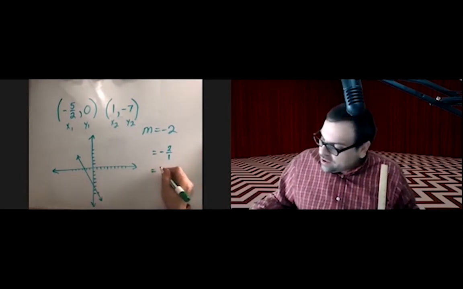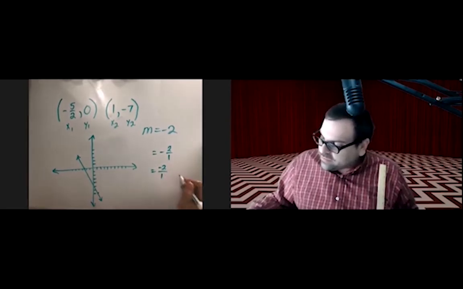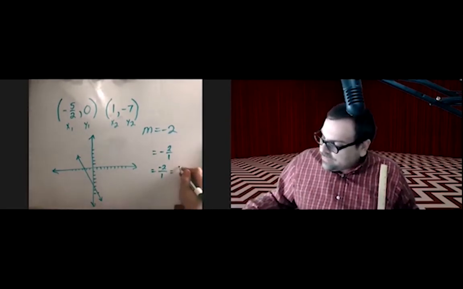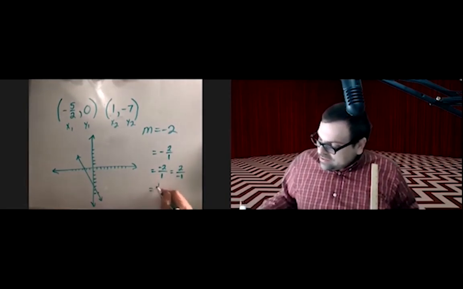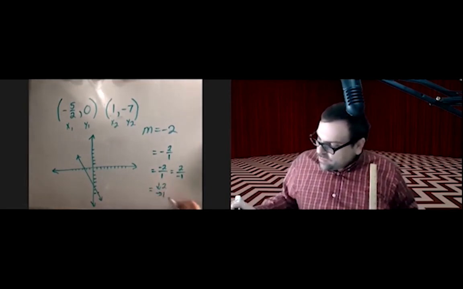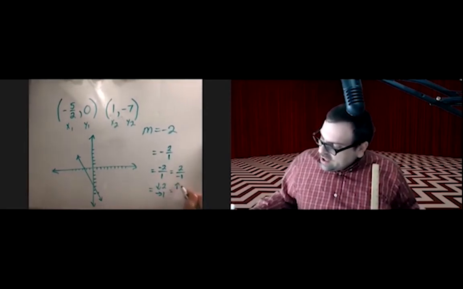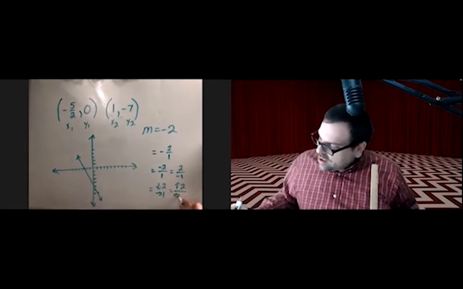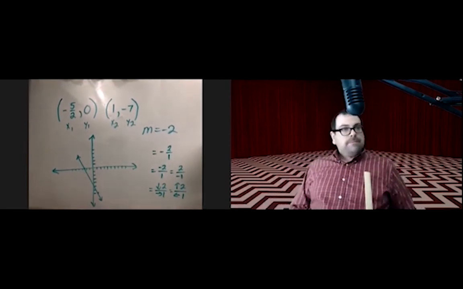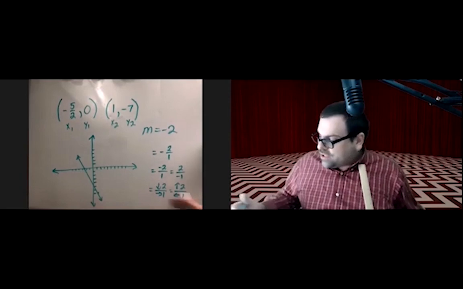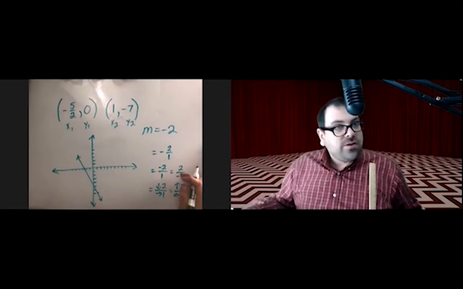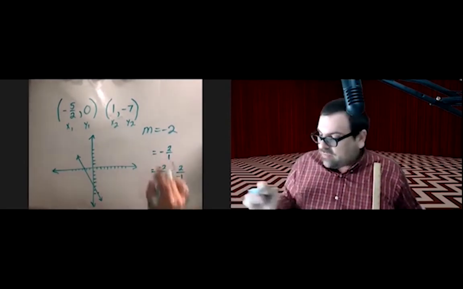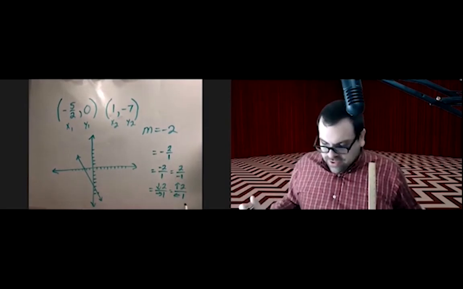So that negative can either go with the top, -2 over +1, or it can go with the bottom, positive 2 over negative 1. So this is either down to right 1, or it is up to left 1. The motions are the same either way, reflecting that the negative can either be with the top or the bottom of a fraction if we have a negative overall fraction.